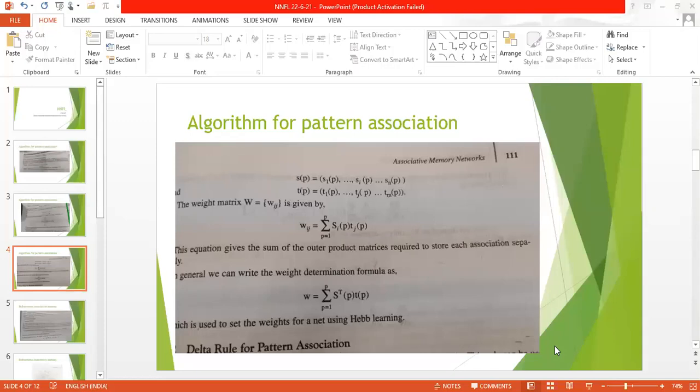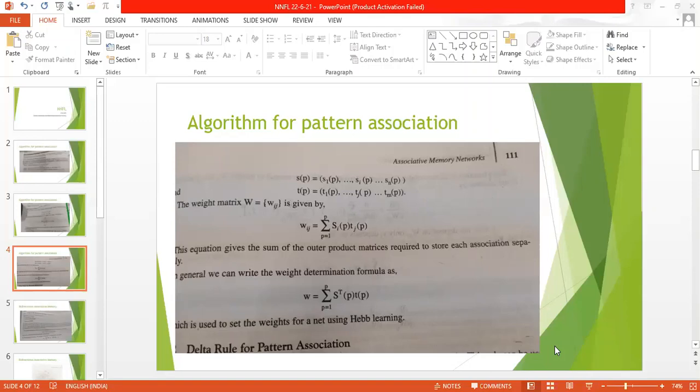If the input and outputs are the same, then it is known as an auto-associative network. So you can apply Hebb rule, delta rule for pattern association either in your auto-associative network or in your heteroassociative networks.